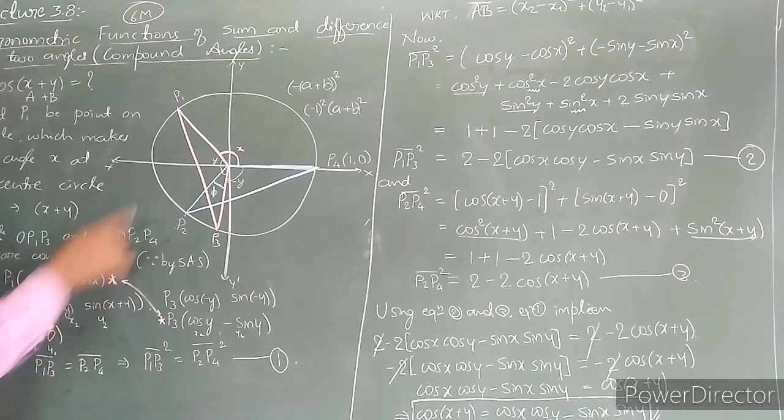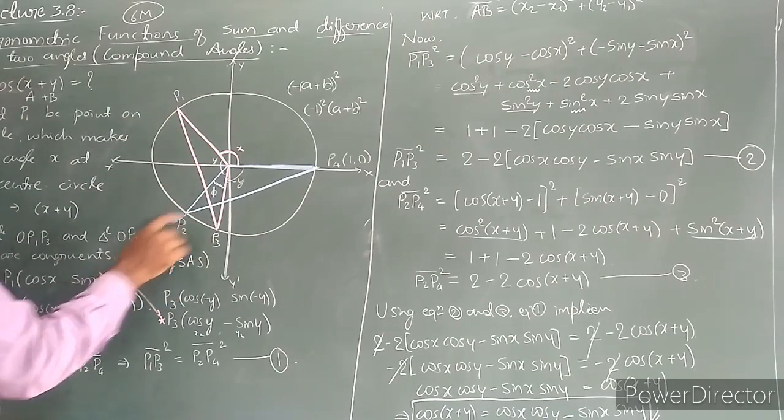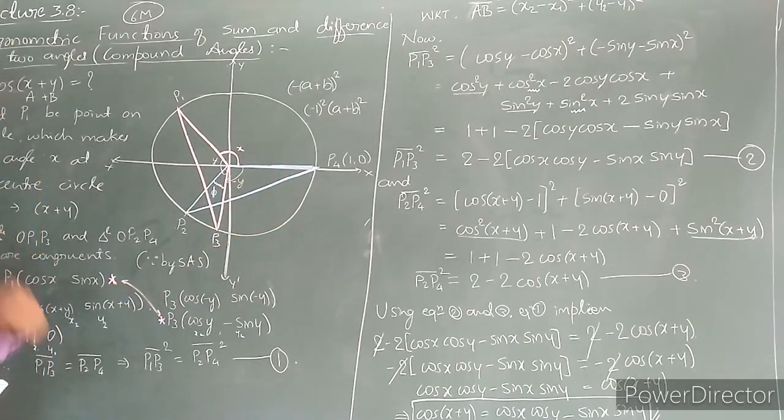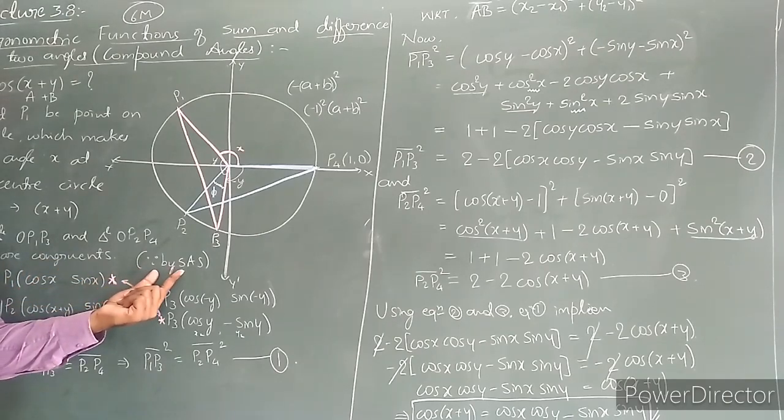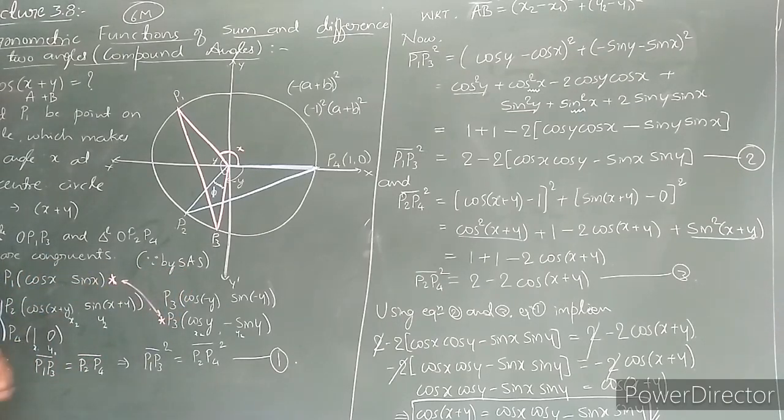Now, joining the points P1, P3 and P2, P4, we get two triangles: triangle OP1P3 and triangle OP2P4. These two triangles are congruent by the side angle side property.